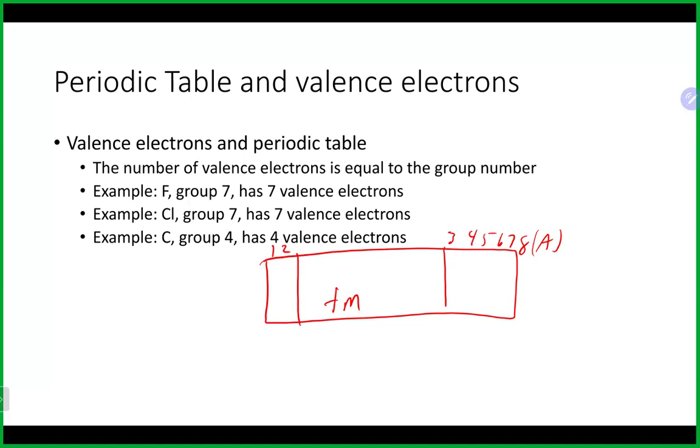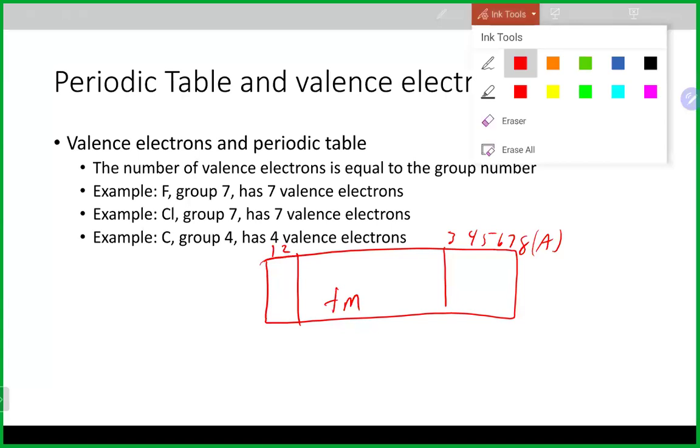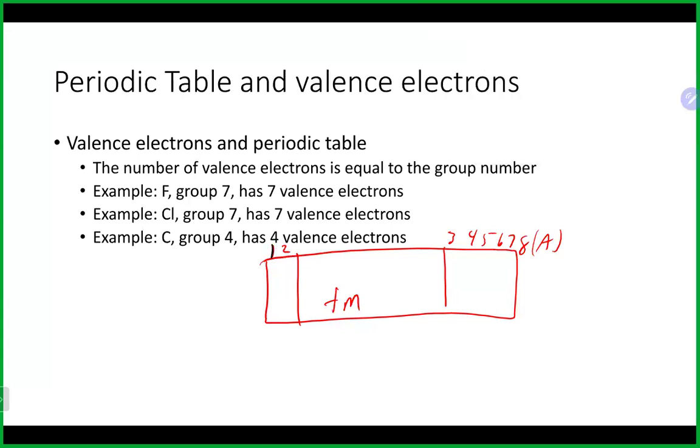So this would be 1, 2, and then we roll 3, 4, 5, 6, 7, 8, 9, 10, 11, and 12 as I almost run out of room. And that is what we want to think about for our transition metals.